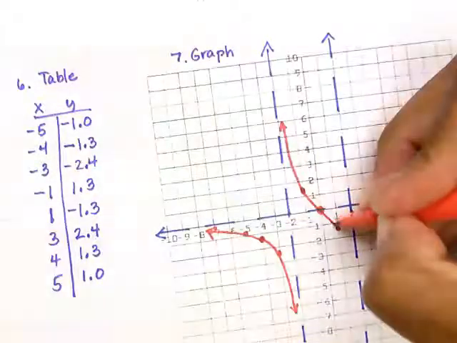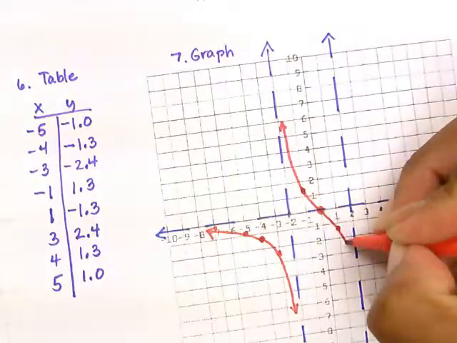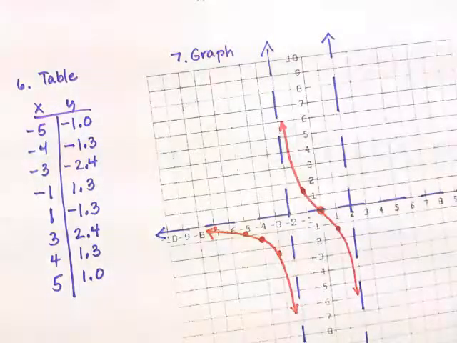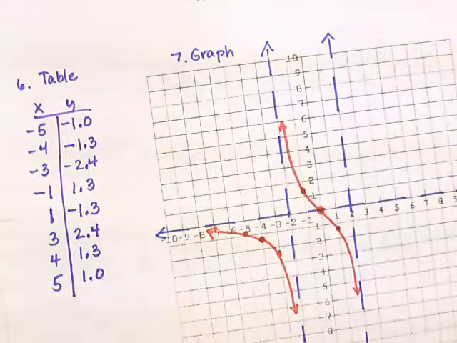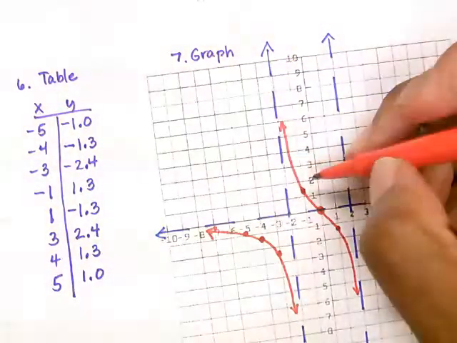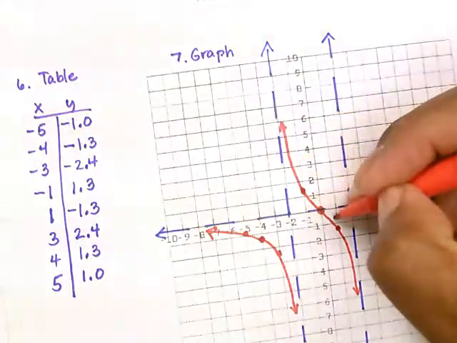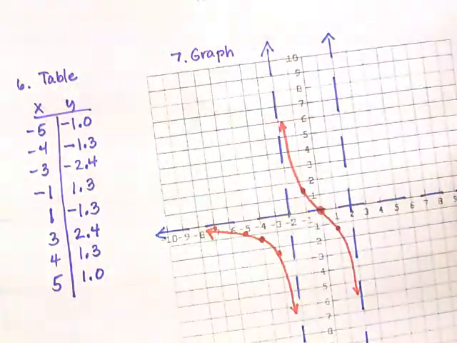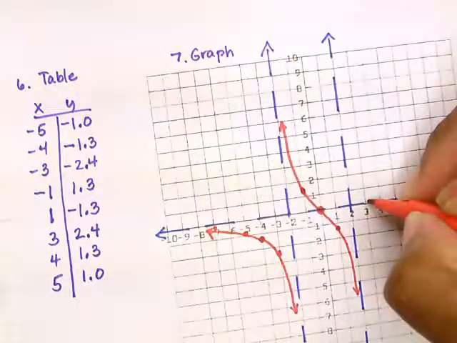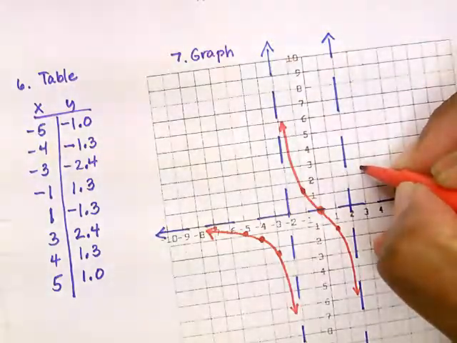This end comes down like this and approaches the other vertical asymptote like this. And by the way, this is one of those graphs where the graph will be crossing the horizontal asymptote.